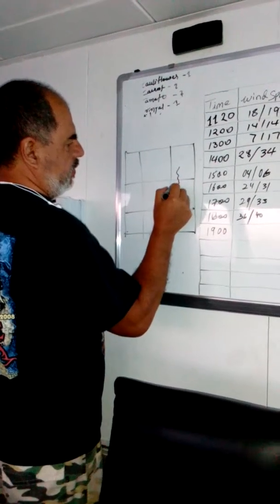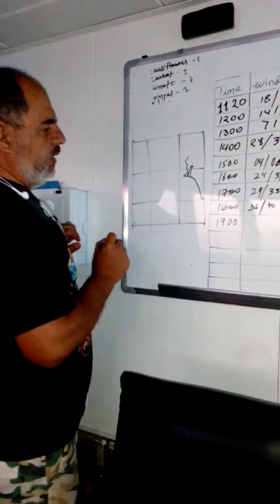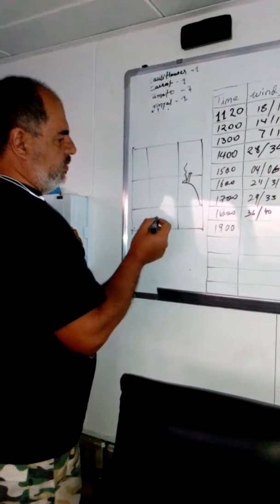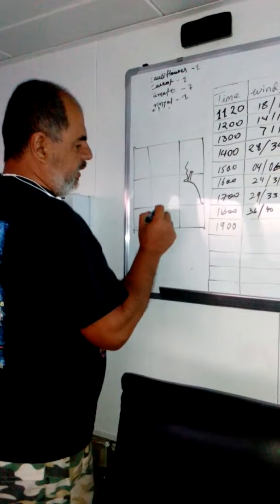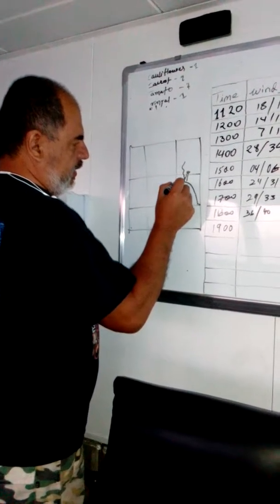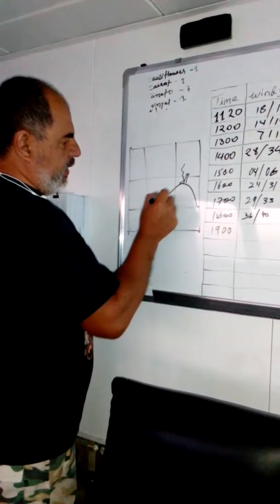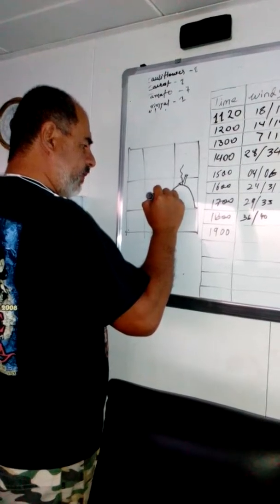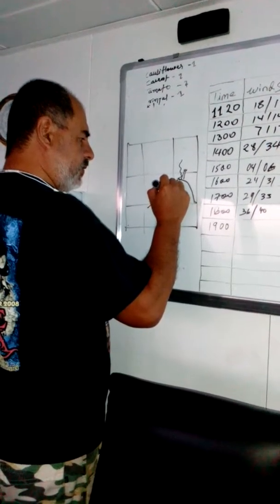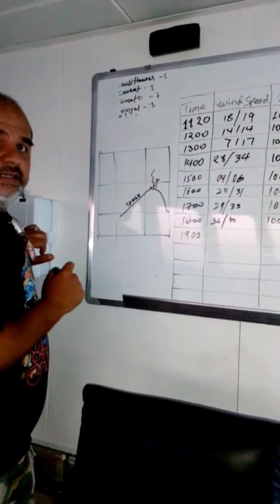Your lighthouse was here, and you don't know exactly where you are. But if you have a direction, let's say this is the true bearing 062, and then you have a distance.